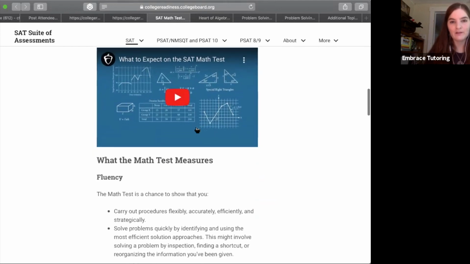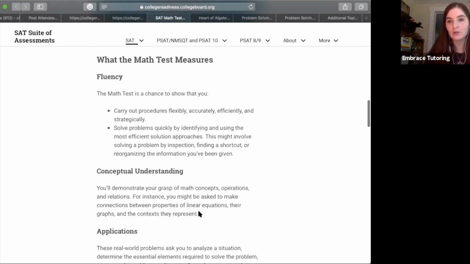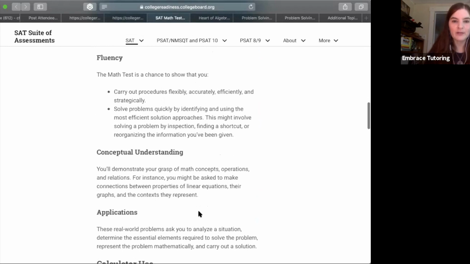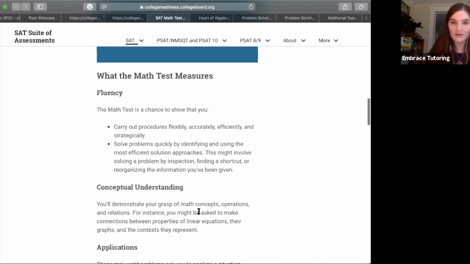Okay, so the College Board also gives you a quick little video about what to expect on the SAT math test. That's useful to look through. It also goes through a breakdown of what the math test measures. They're calling it fluency, in terms of your ability to be proficient in math, basically your ability to quickly identify and solve problems, and use the most effective or most efficient solution.